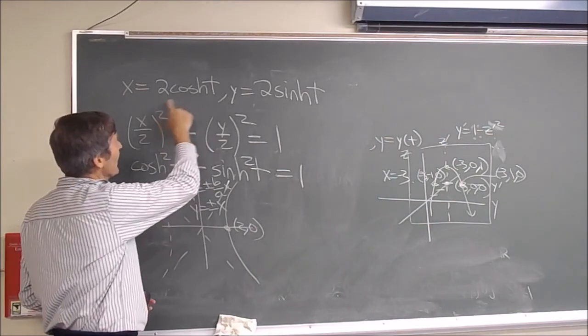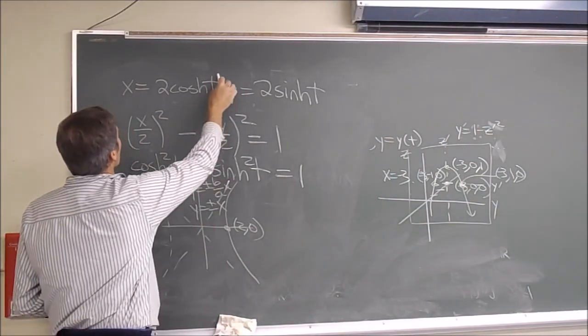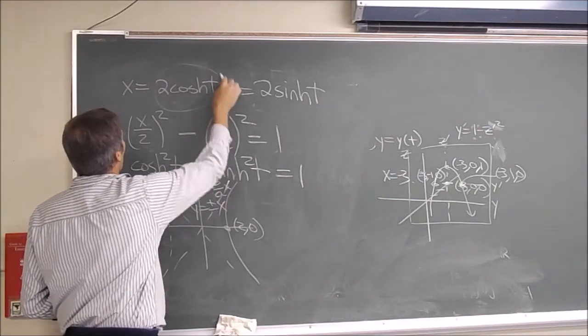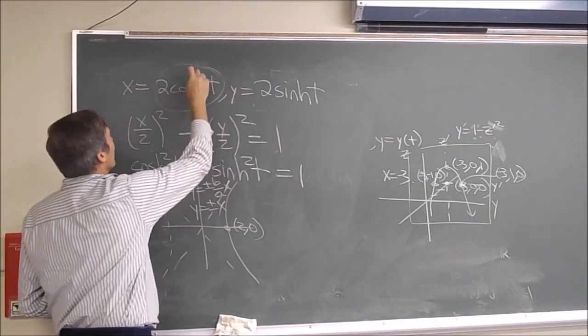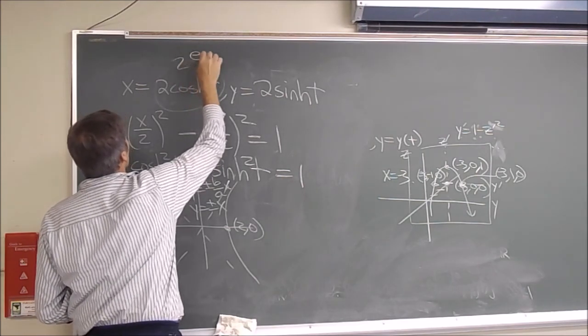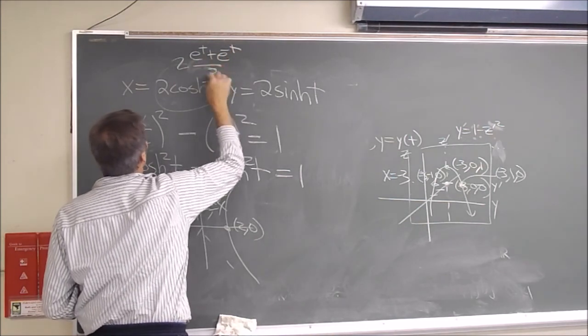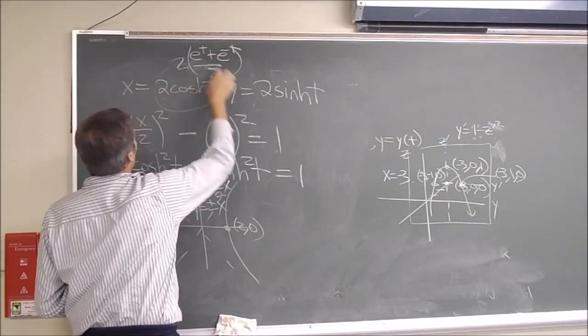But this isn't actually the whole hyperbola. You notice that cosh is always positive, right? 2 cosh is e to the t plus e to the minus t over 2. So this is always positive coordinates.